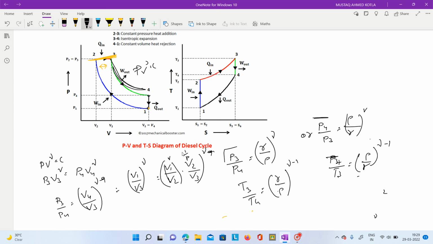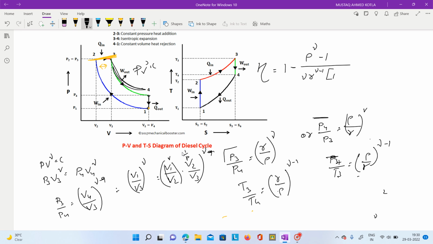It is a big formula, and we have to remember it because it is lengthy. Efficiency equals 1 minus rho cutoff ratio power gamma minus 1, divided by gamma, where gamma is 1.4, into small r, the compression ratio, power gamma minus 1, into rho minus 1.